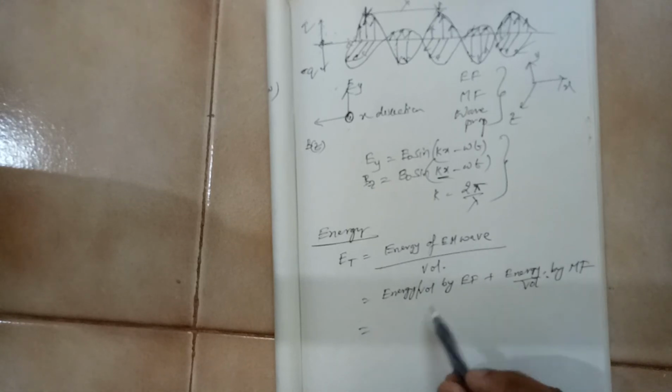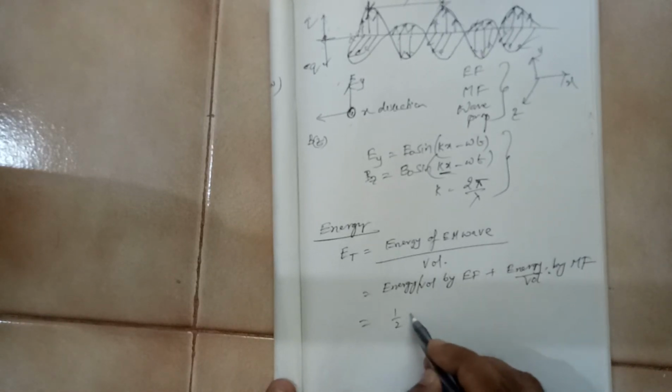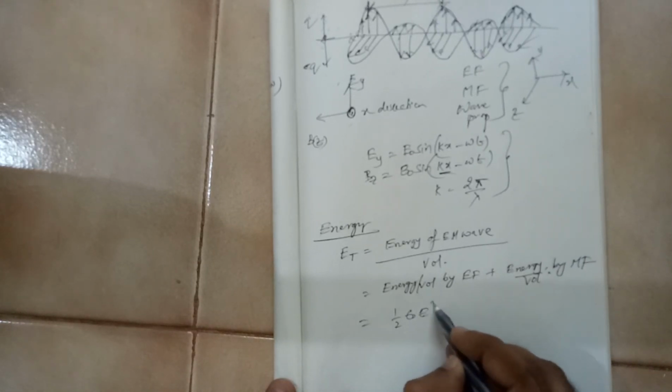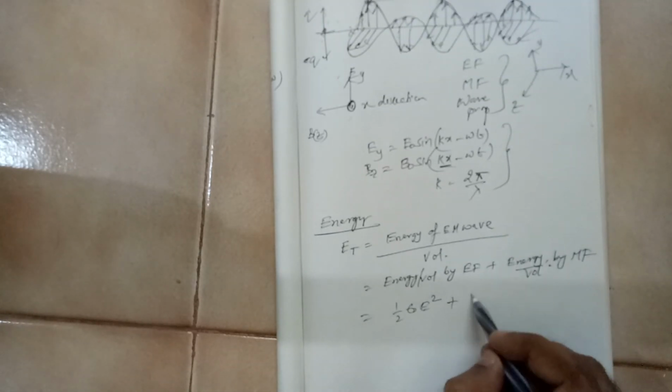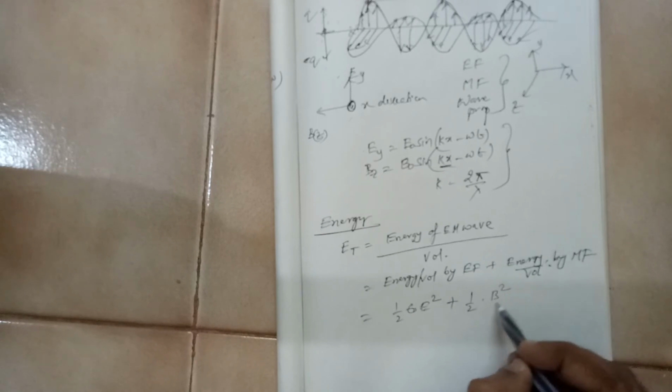Now there is an expression for this. This is half epsilon naught E square, and for this there is an expression half B square by mu naught. E and B are the electric and magnetic fields. Epsilon naught is the permittivity, mu naught is the permeability.